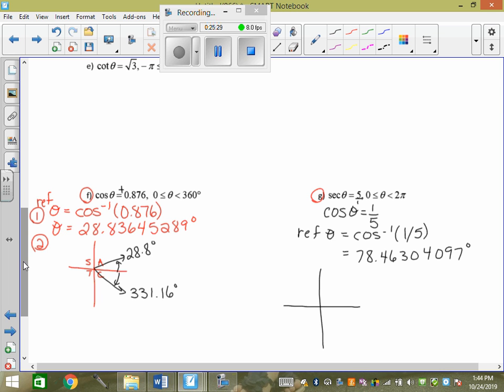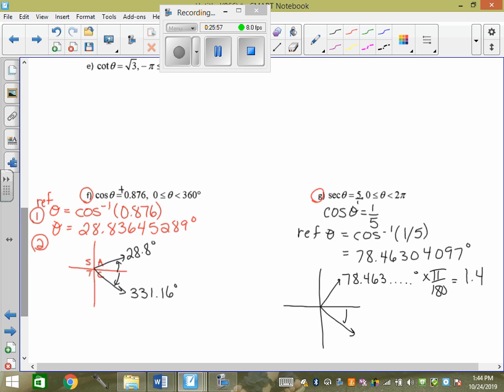So then I need where cos is positive again. So this one's 78.463 degrees, but I have to multiply it by pi over 180. And I get 1.4.